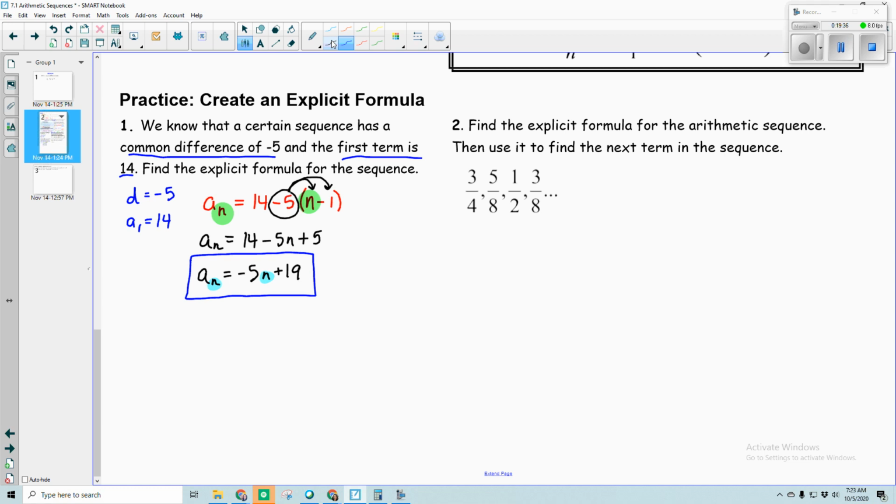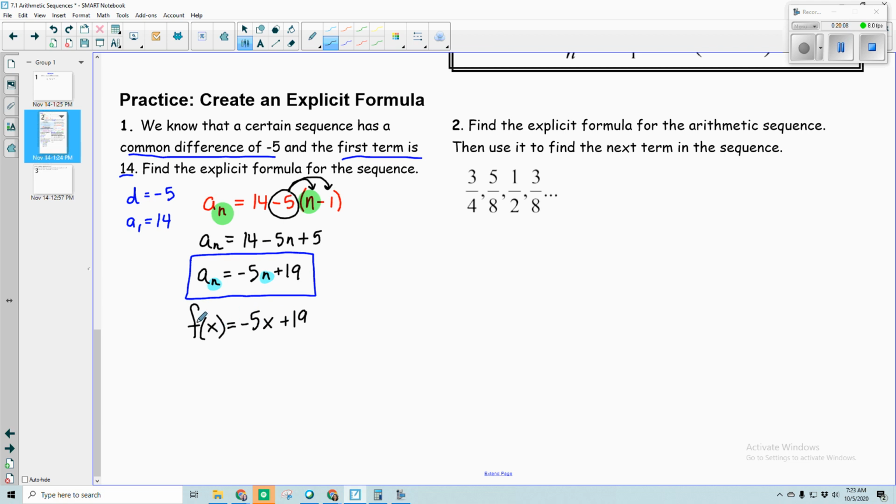I want to show you how this format is very similar to a function. We're just using different letters, and it looks a little bit different. So a sub n, we could think of as looking like f of x, where the n is similar to the x here. We're plugging in a number for n, and we could just have -5x plus 19. We've seen something like this before.